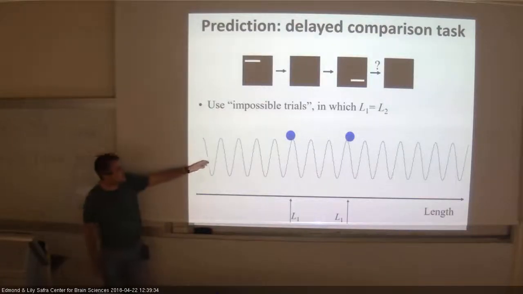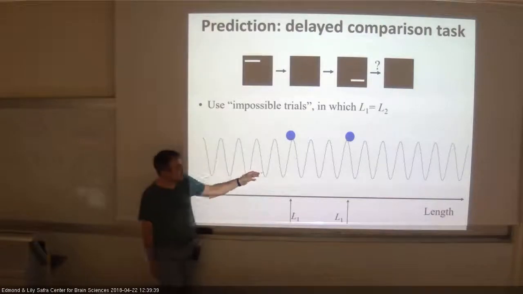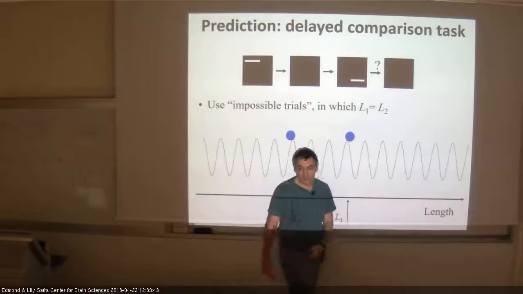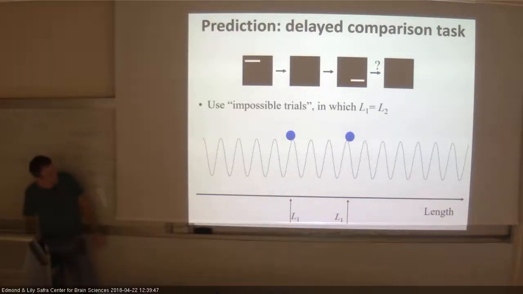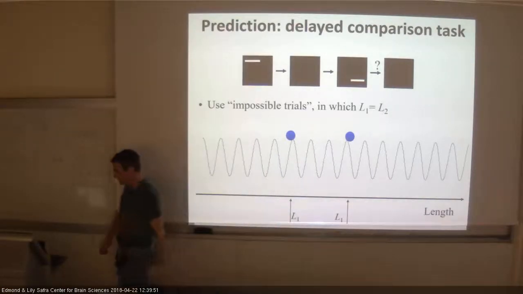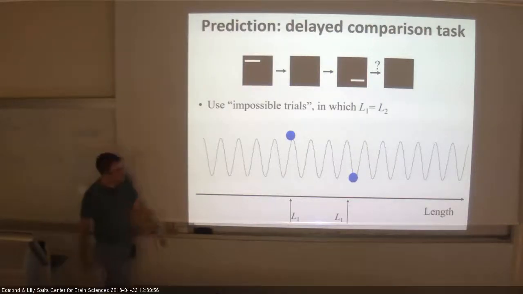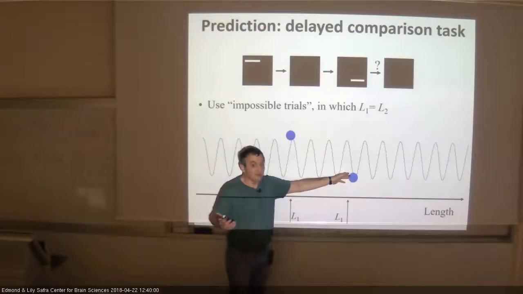So what is the prediction of this model in the experiment in which the two stimuli are identical? The prediction is that if I present to you this stimulus, the first one, you memorize it as slightly longer than its veridical length, than its physical length.